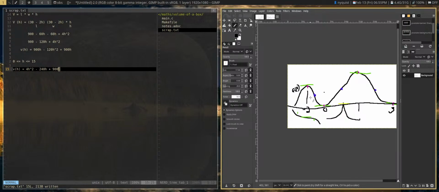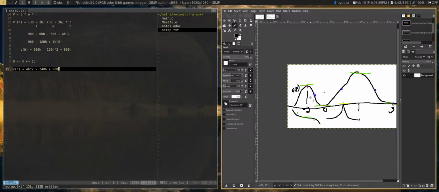Let's look here. Yeah, so the first derivative will tell us the slope.